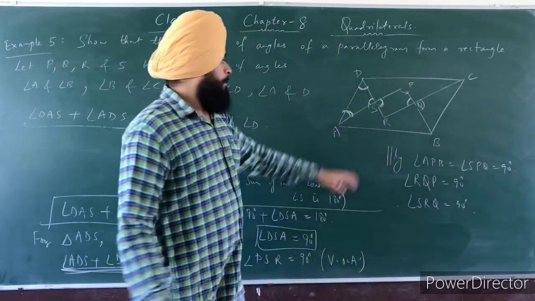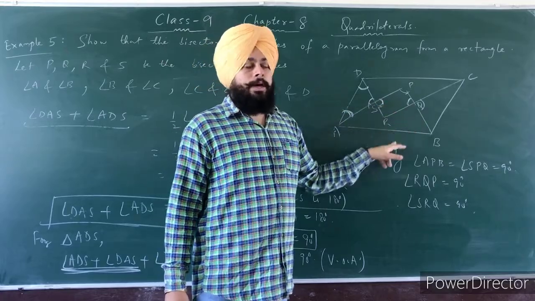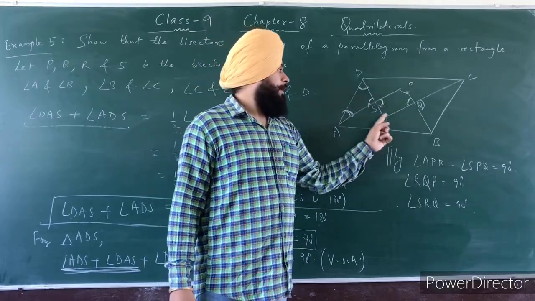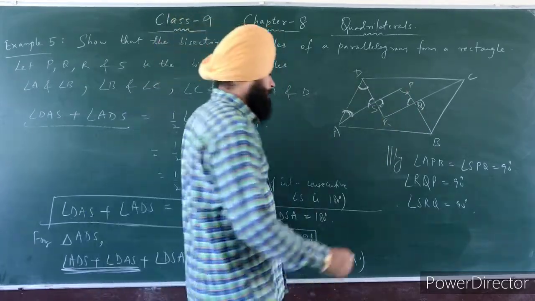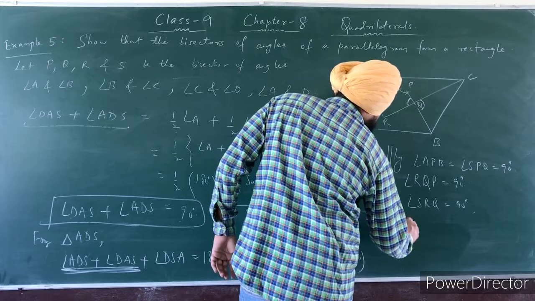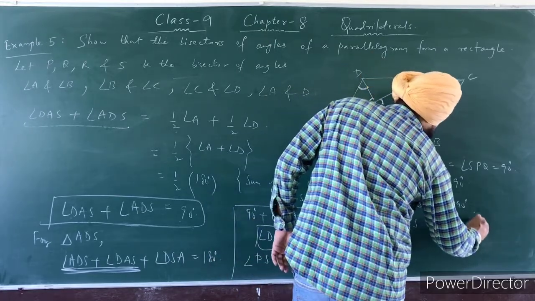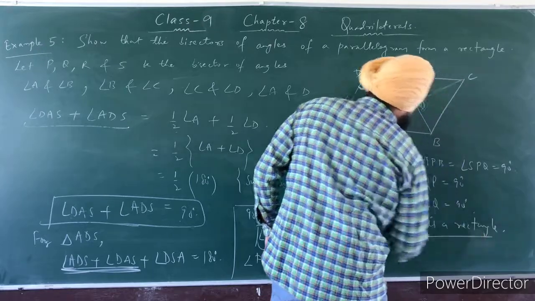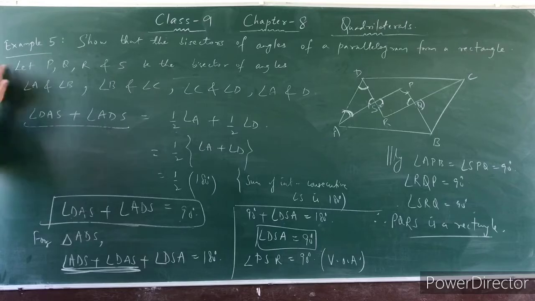So you can see here all of these angles are of measure 90 degree. That's why this PQRS is a rectangle. Clear, students? So this is your example number 5. Thank you.